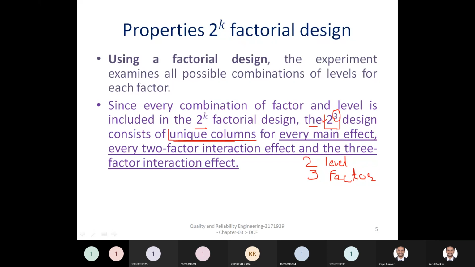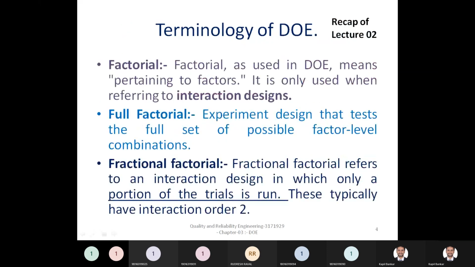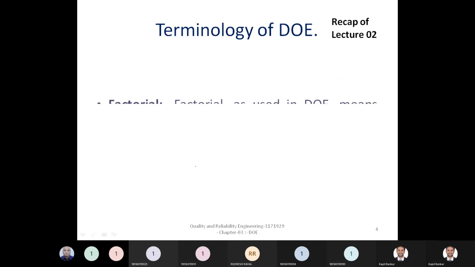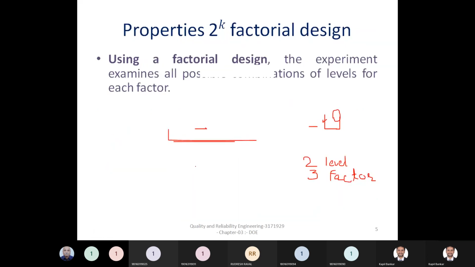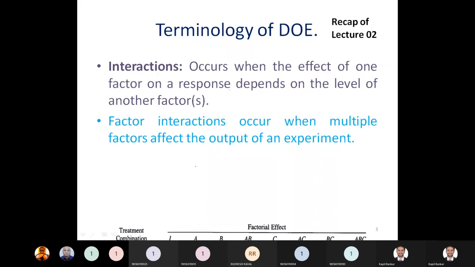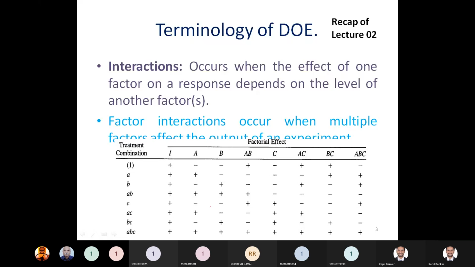Okay, you can consider this table here. If you look in this table, this is column 1, this is column 2, this is column 3, and likewise all the columns have unique numbers, unique coding.